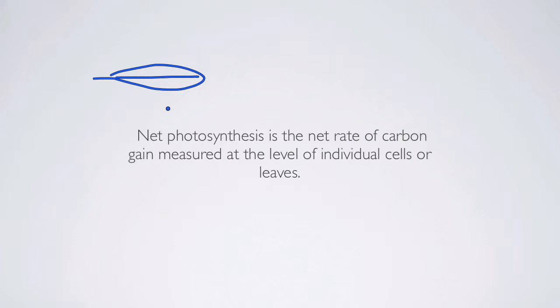But at the same time, there's respiration happening within a leaf. And it's really hard to separate how much respiration is happening in a leaf while it's also photosynthesizing. So from an empirical standpoint, we tend to just take a look at net photosynthetic rates, which is the net rate of carbon gain measured for individual leaves. So just on a net basis, how much carbon is it taking up, for example?